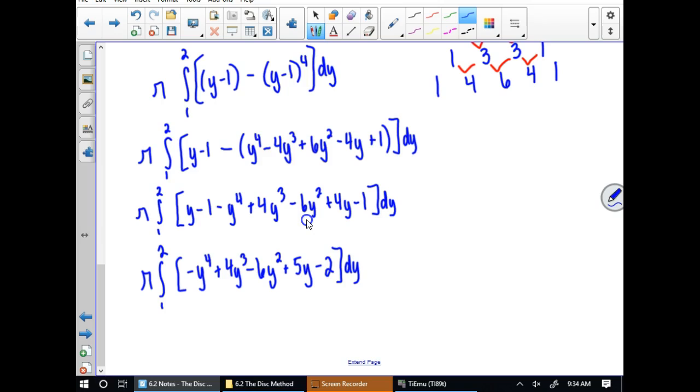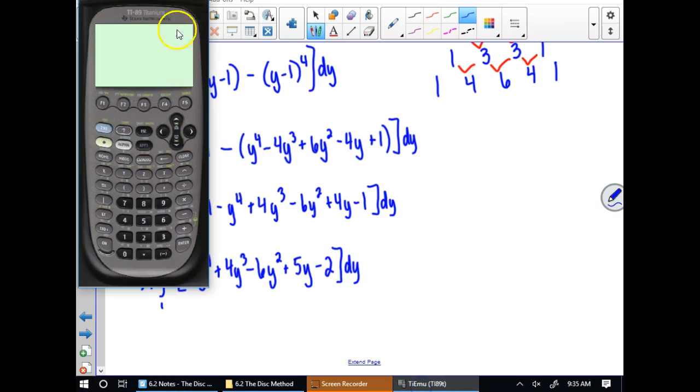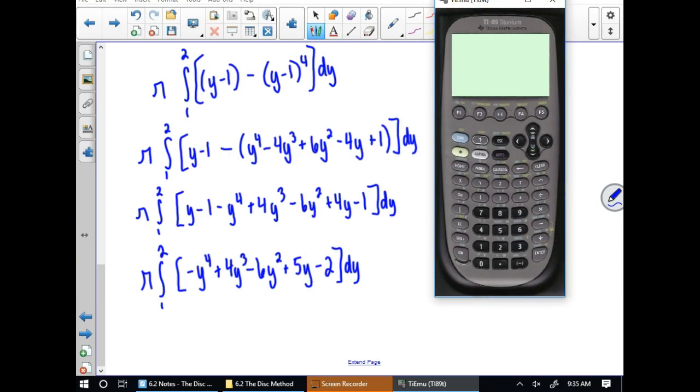And I'm going to assume we know how to integrate this by hand. And since we do know how to integrate this by hand, let's use the calculator to integrate this, because otherwise even typing all the 1s and 2s in is going to be long.